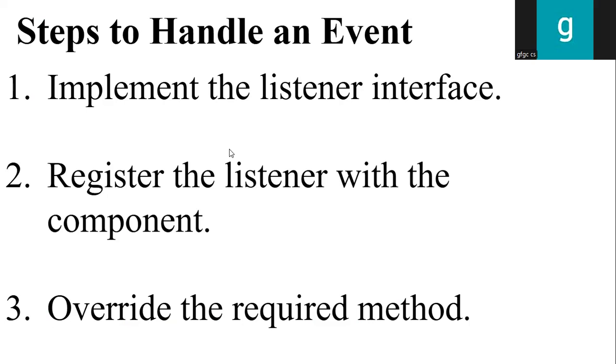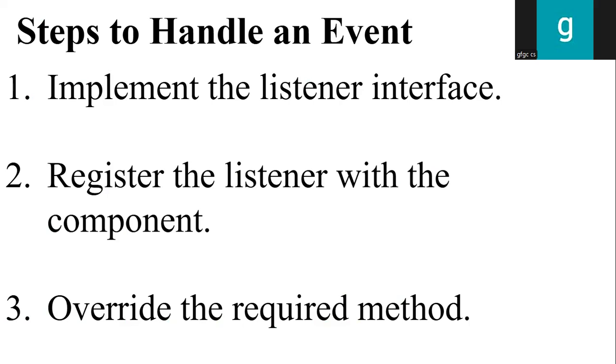Steps to handle events. The first step is to implement the listener interface. The second step is to register the listener with the component. First, we implement the listener interface. Suppose I want to implement the ActionListener, then I have to implement it in my existing class.